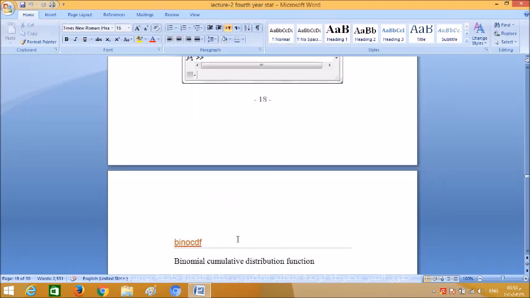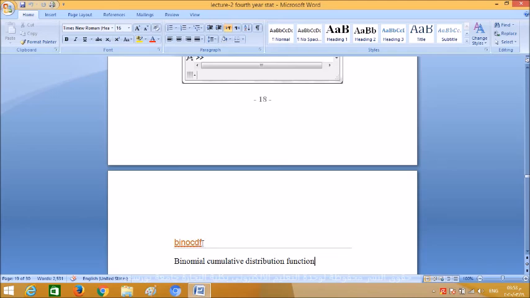Binomial CDF. This is a cumulative distribution function. So binomial CDF, cumulative probability function or cumulative distribution function.